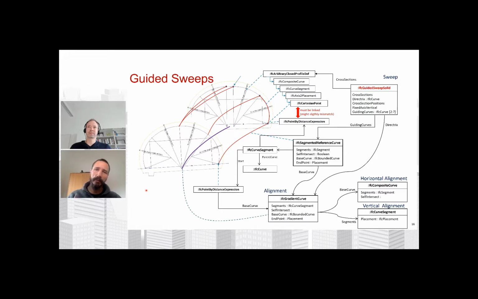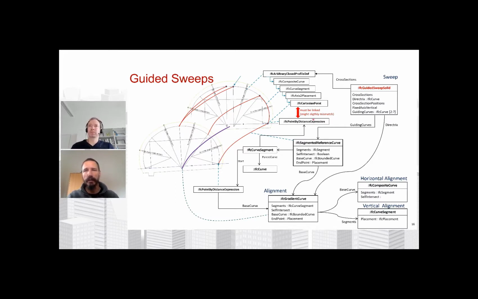Because now we have profiles positioned on the directrix, which are in a local coordinate system, and then we have the curves that are positioned on the directrix. And this means that the Cartesian points in the profiles do not necessarily correspond precisely with the points that are positioned on the directrix.